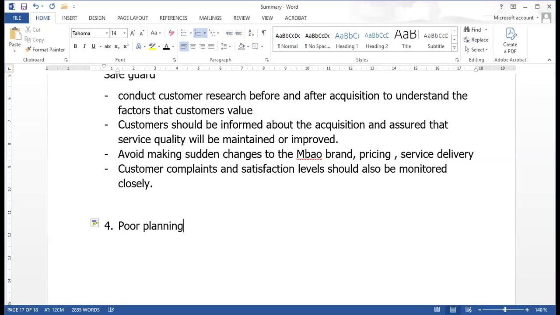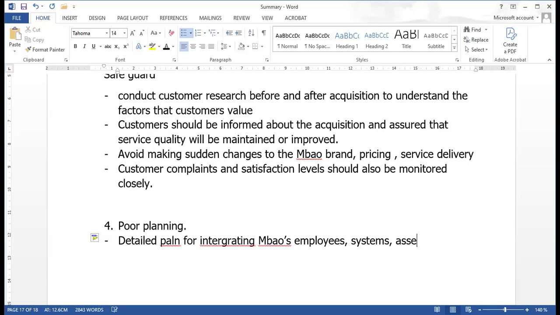The acquisition may fail where the entity does not develop a detailed plan, where without a detailed plan for integrating Mbayo's employees, Mbayo's systems, Mbayo's assets, Mbayo's operations, among others, management, etc. If you don't really have the detailed plan, then that one can cause a failure.